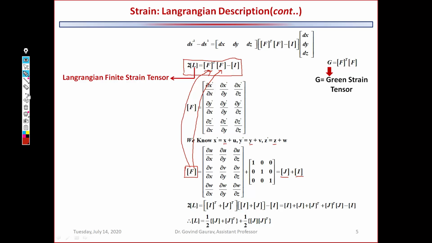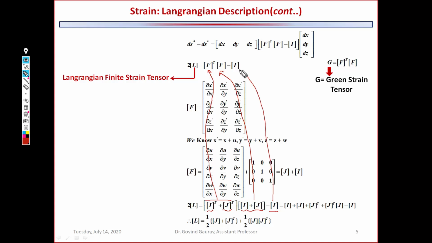So when we put the values of F in this, we will get I transpose plus J transpose for F transpose, and I plus J for F, minus the identity matrix, which is given as it is.